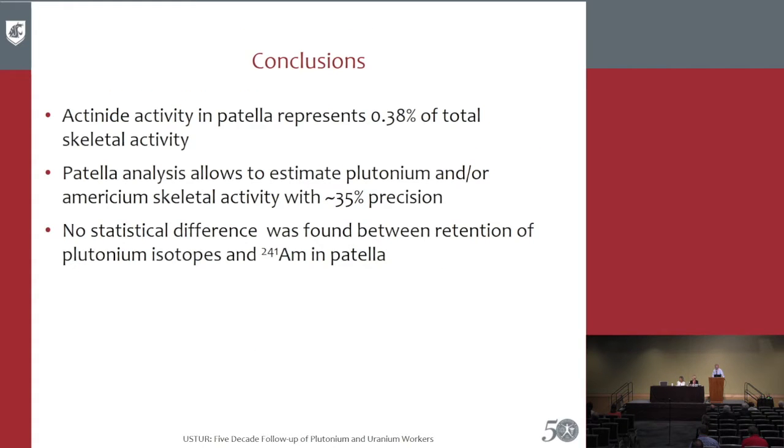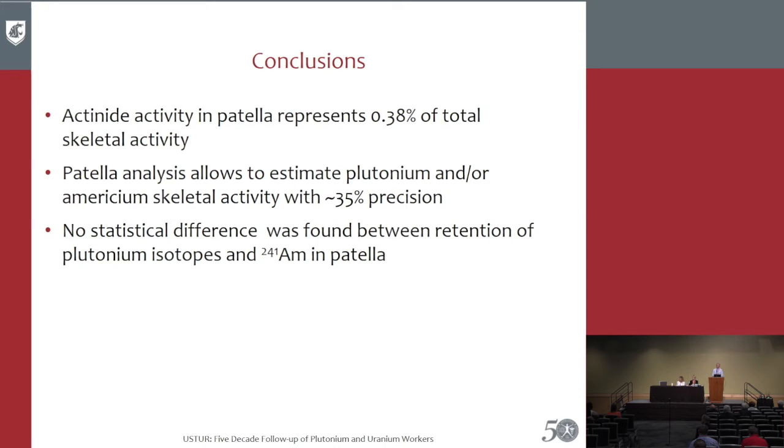Finally, coming to the conclusions. What we figured out is that activity in patella represents about 0.4% of total skeletal activity. Patella analysis allows us to estimate actinide skeletal content with a precision of about 35%. When I'm talking about this precision, I'm talking in terms of standard deviation, not a 95% confidence interval.